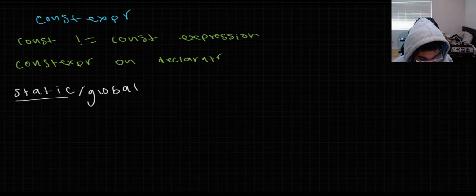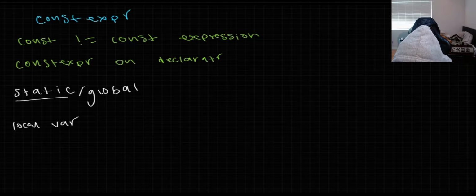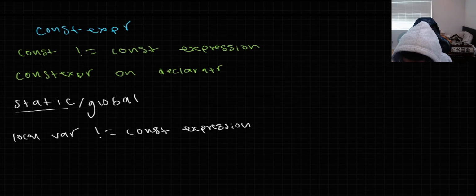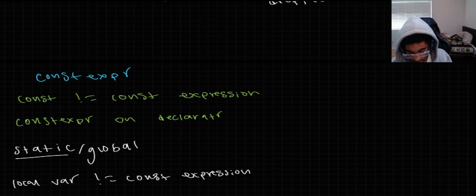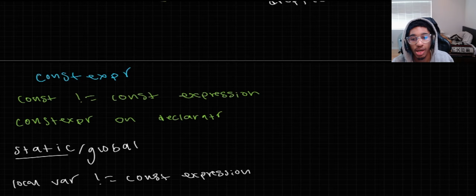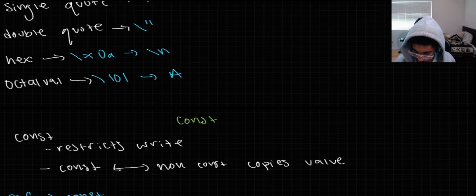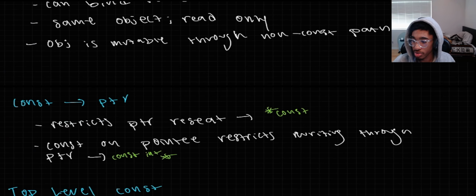And by default, a local variable does not equal a constant expression. Local var does not equal constexpr. Now, that's about it for constexpr. I hope you guys learned a bit about the const keyword. That's about it. On to the next topic.